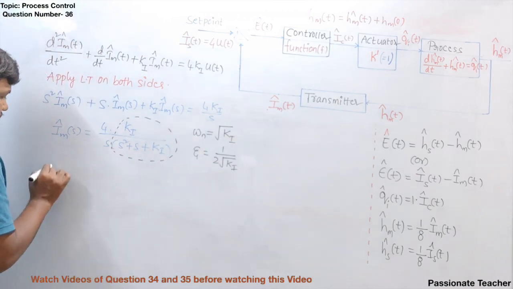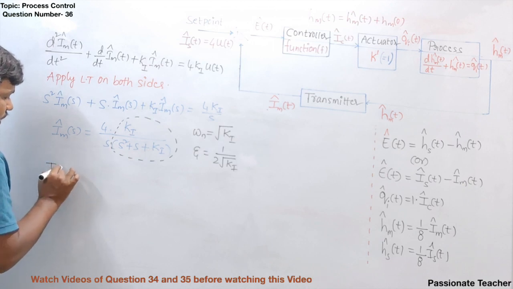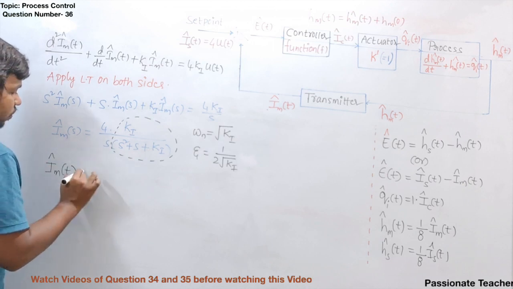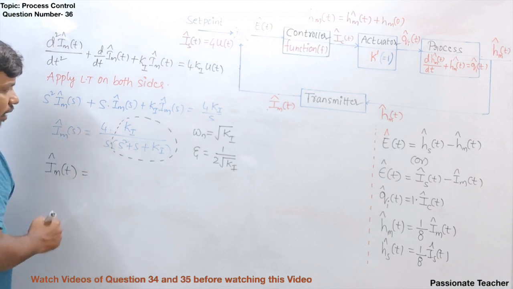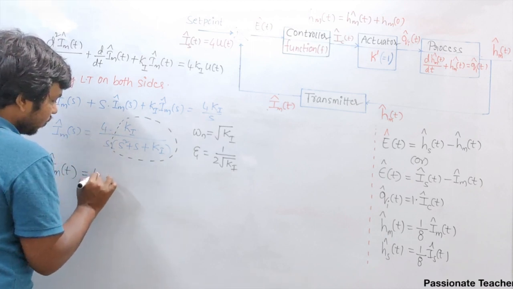Right, now how can we get Im cap of t? So we can use partial fractions here, and if you use partial fractions and all these things, at the end you will be able to get this.